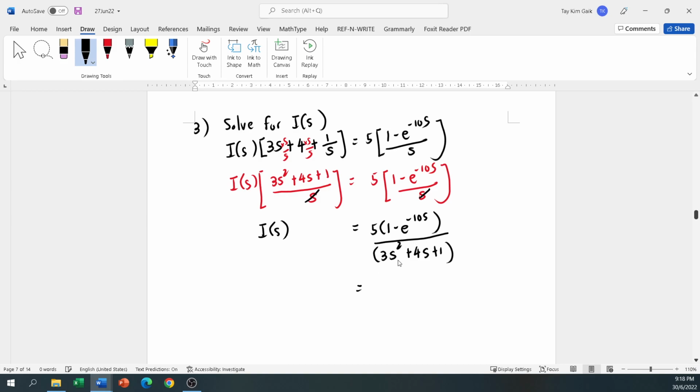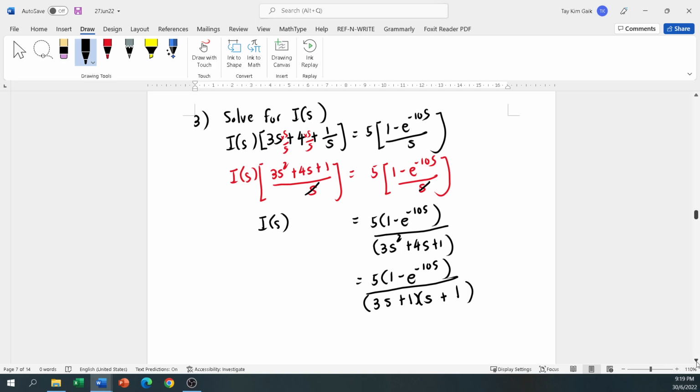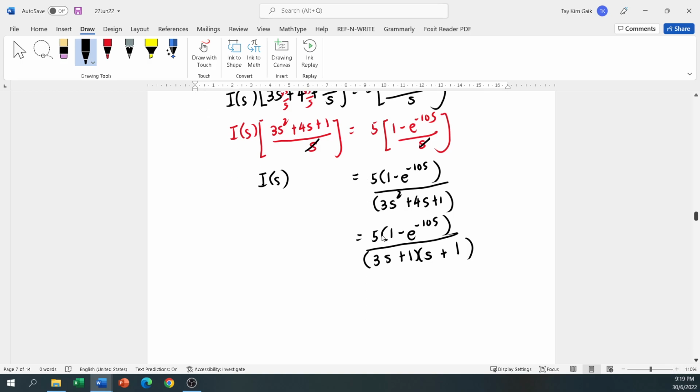Then we can factor the 3s squared plus 4s plus 1. 3s times s, you got 3s squared. So 3s plus 1s, so the 4s. 1 times 1 is 1. So we have solved I(s) is 5 times 1 minus exponent negative 10s over (3s plus 1)(s plus 1).